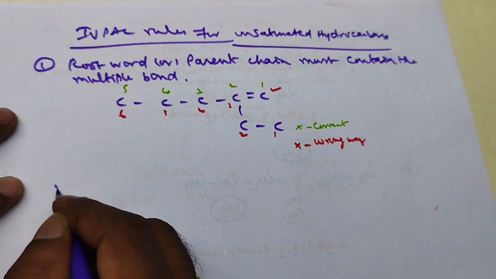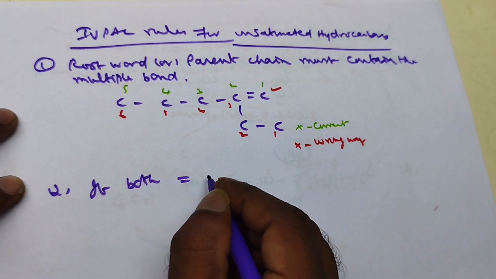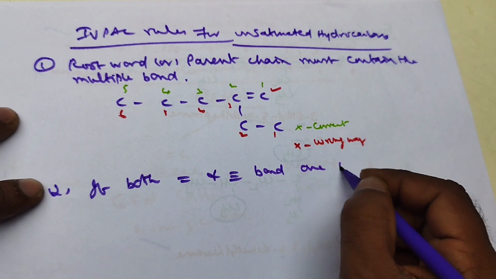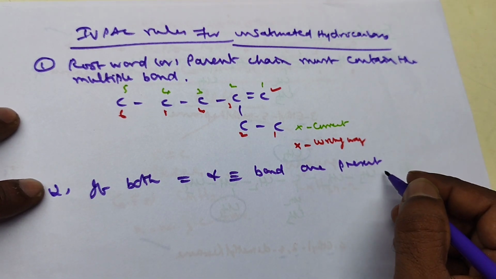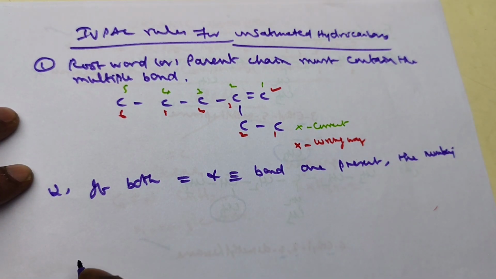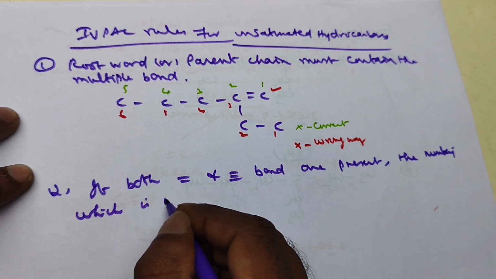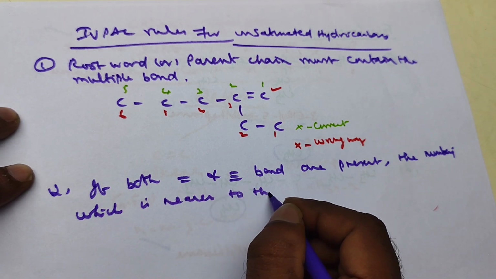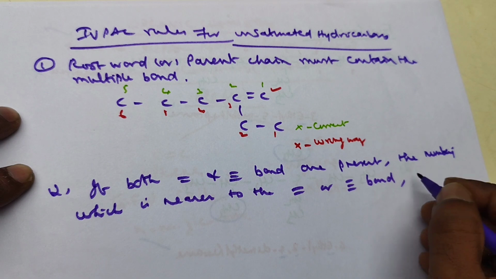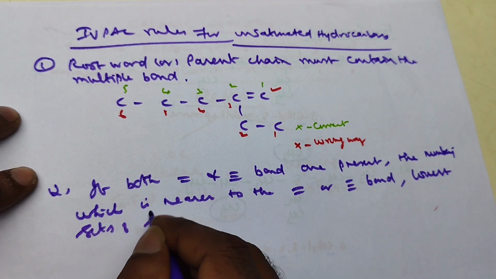The second rule is, if both double and triple bonds are there, the numbering should be nearer to the double or triple bond, or better, we have to follow the lowest set of locants rule.